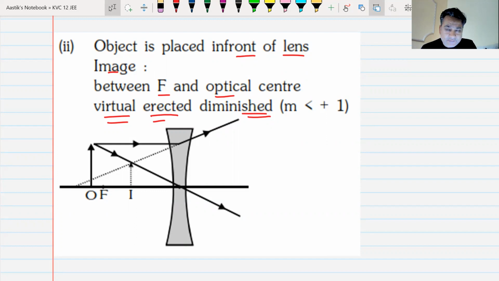You will always have an erect, diminished image formed by a concave lens. Do we understand this? Have you drawn the diagram, everyone? Please let me know once you are done.